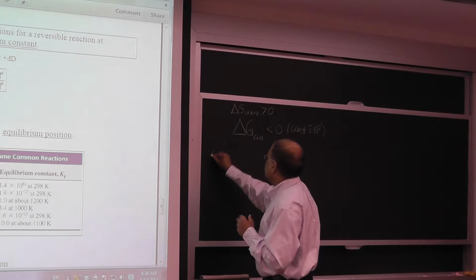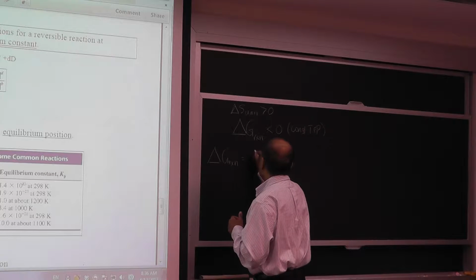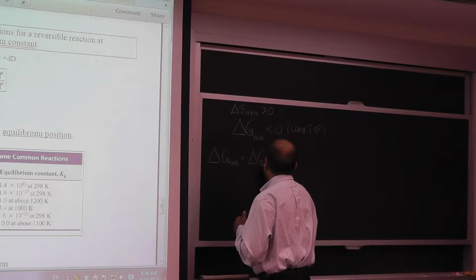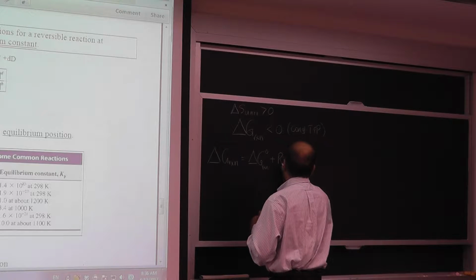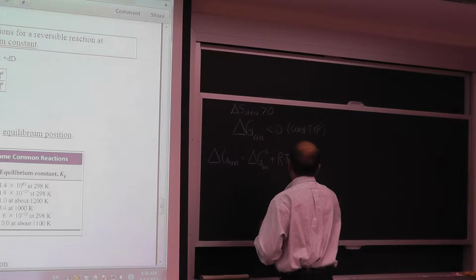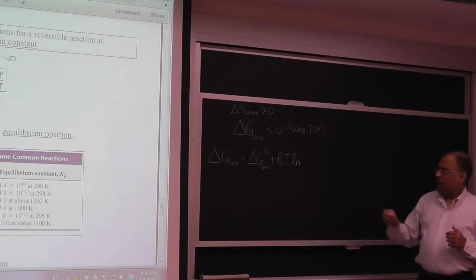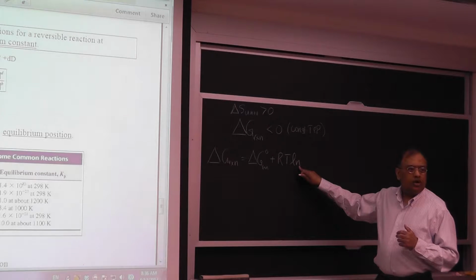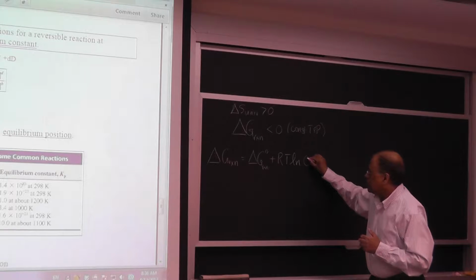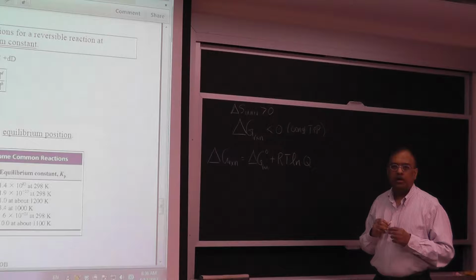And we saw that delta G reaction is equal to delta G naught reaction plus RT natural log of Q. What is Q?